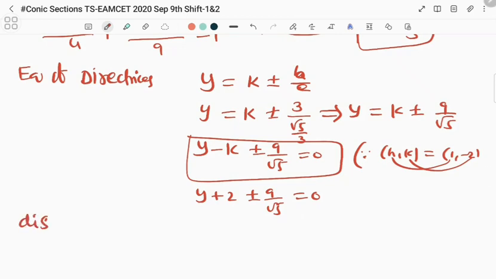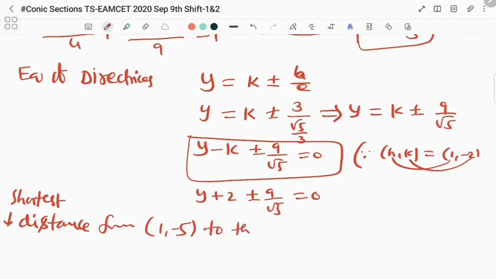So distance from 1 comma minus 5 point, shortest distance, that means shortest distance only, to the above lines.